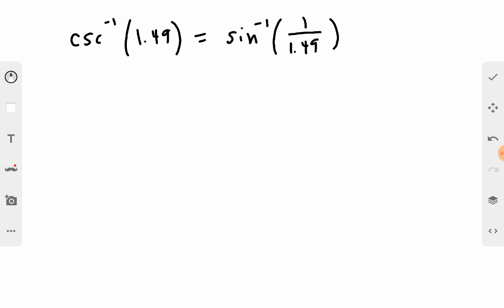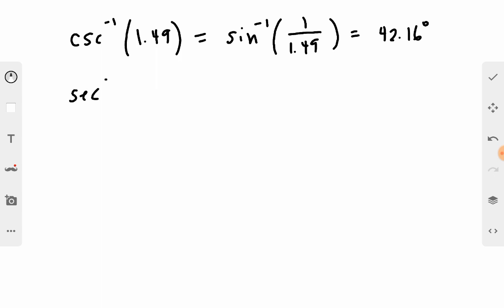You can put that in your calculator just like that, and you get 42.16. Remember we found cosecant of 42 before and we got 1.49. It's off just a little bit because we rounded to 2 decimal places. So we can find cosecant inverse using our calculator and the reciprocals.